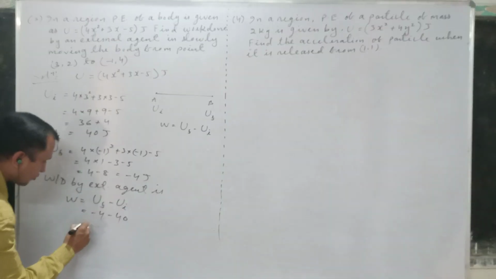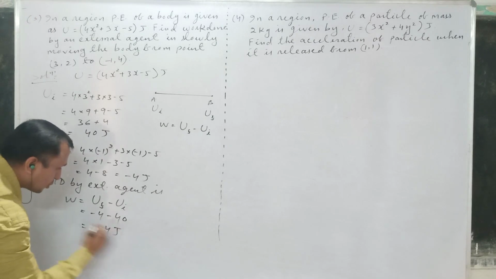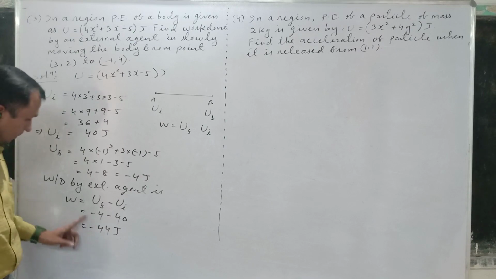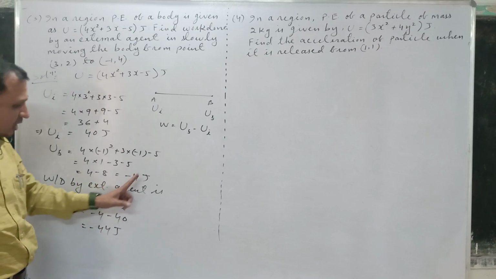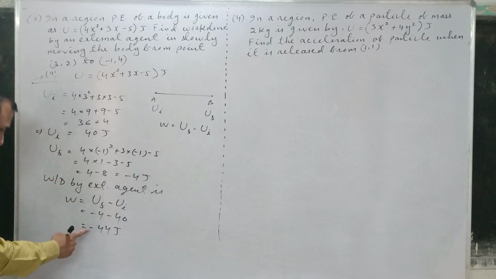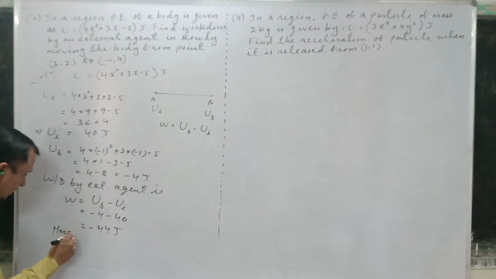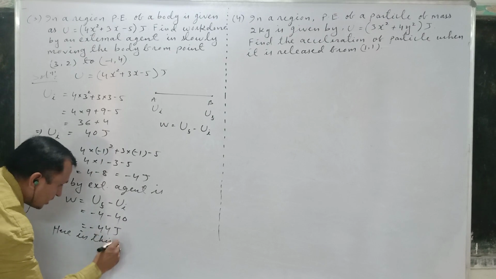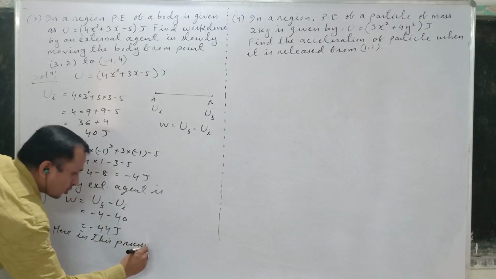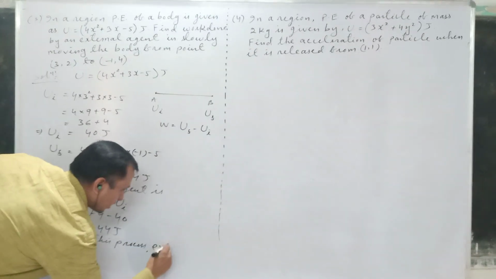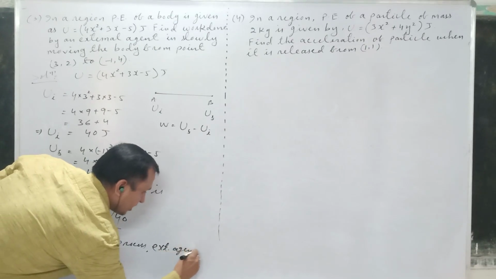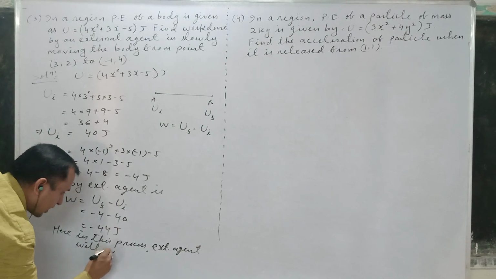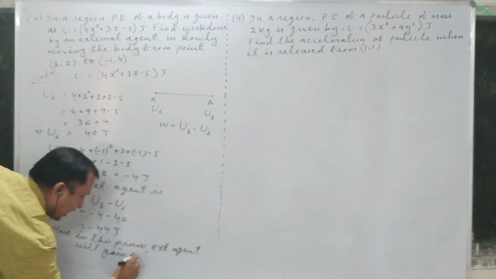So minus 4 minus 40, that is minus 44 joule. Here this negative sign is indicating that in this process the external agent will gain energy.